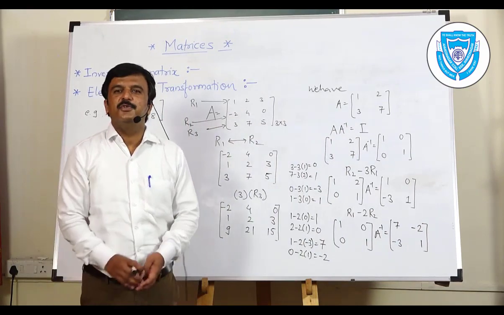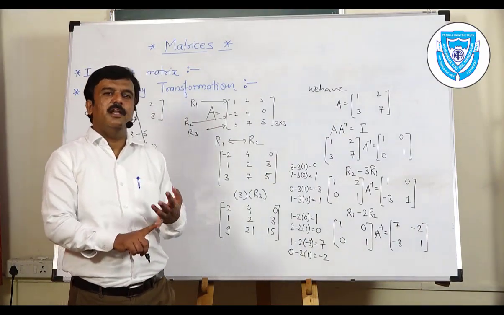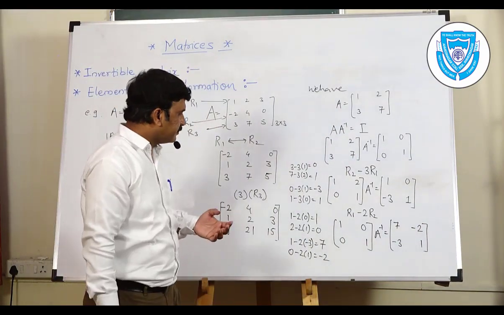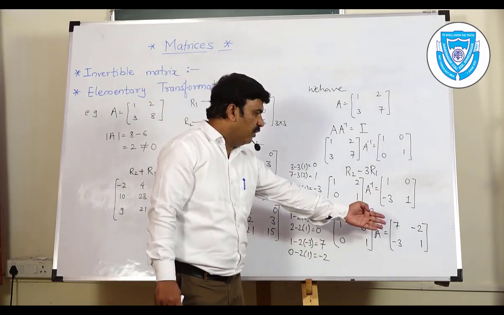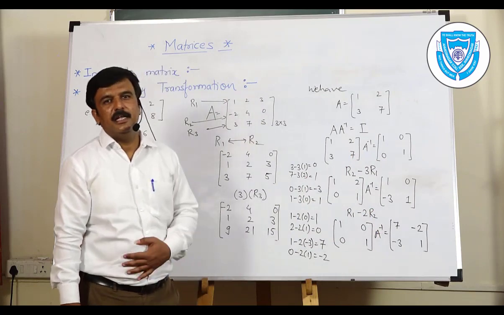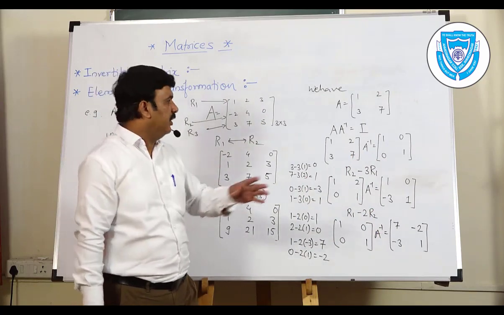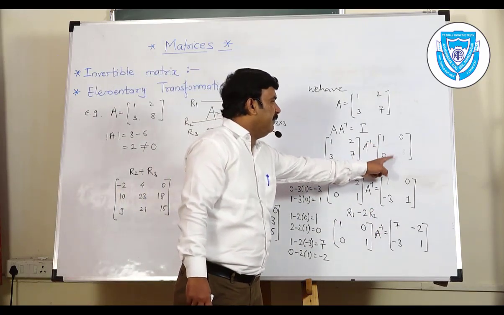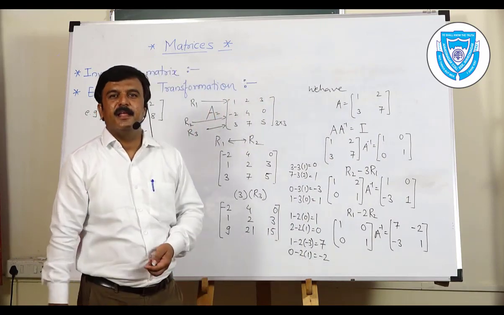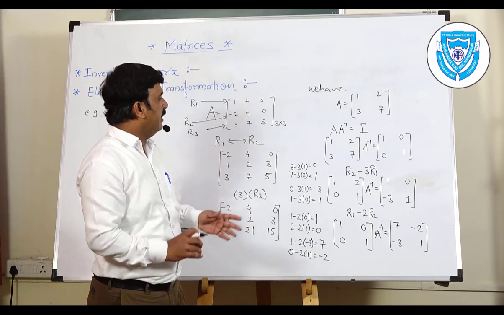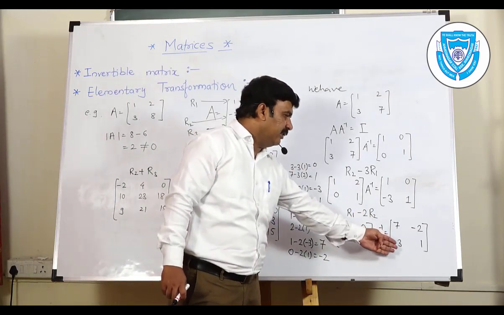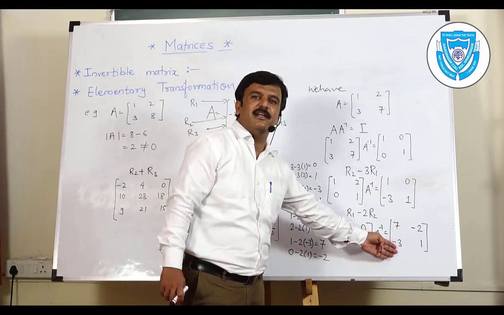So this is how, by performing the elementary row operations, we got identity matrix at the left hand side, and we got a new matrix at the right hand side by performing the same operations on identity matrix capital I. And let me tell you that the inverse of the given matrix is nothing but the matrix that we have got at the right hand side.